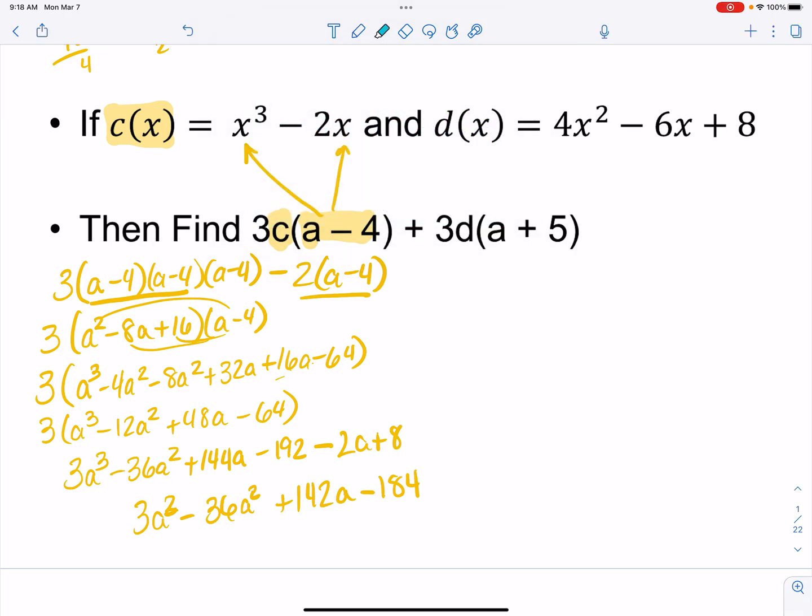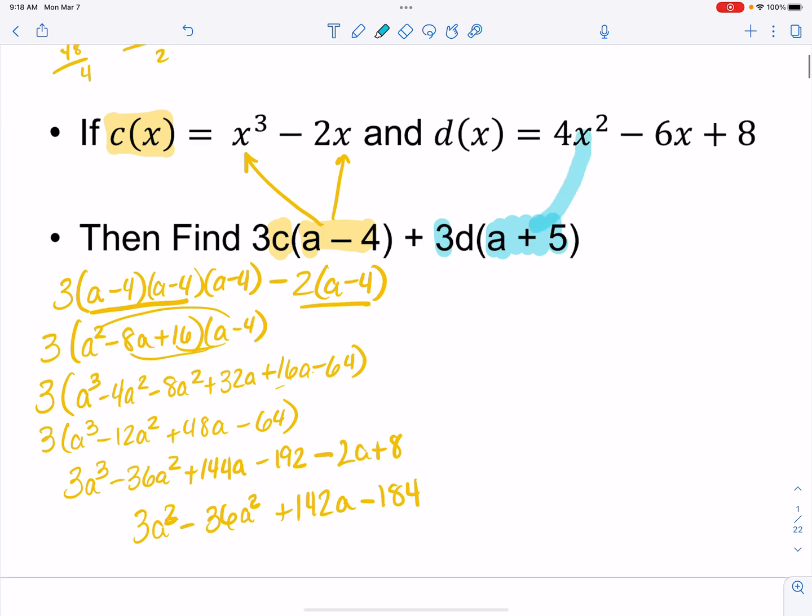Now I'm going to do 3 times, this is my d, so these are going in here and here. So I'm going to come up here and I'm going to say, okay, 3, and luckily it's a plus sign. 3 times 4 times a plus 5 and a plus 5 minus 6 times a plus 5 plus 8. And I'm doing that whole thing times 3.